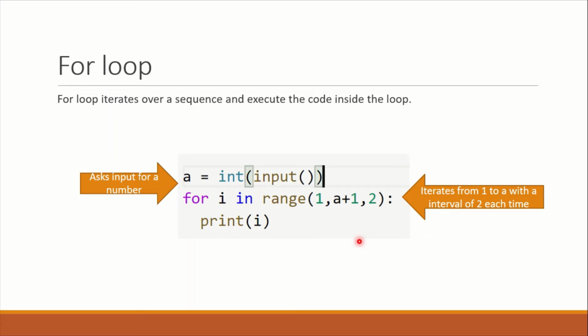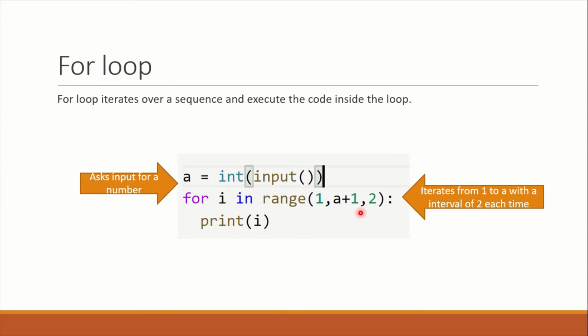A for loop iterates over a sequence and executes the code inside the loop. So for example, here I ask for user input, and in the for loop I start with 1 and end with the user input. Since the for loop ends a number before the end value, if you do the user input plus 1, it's going to end at the user input.